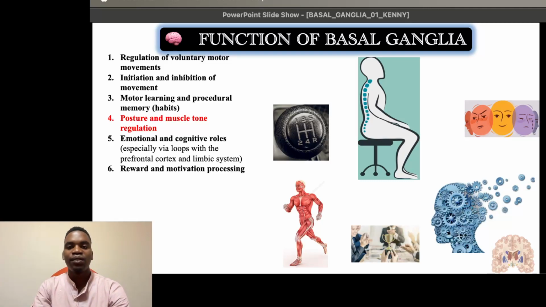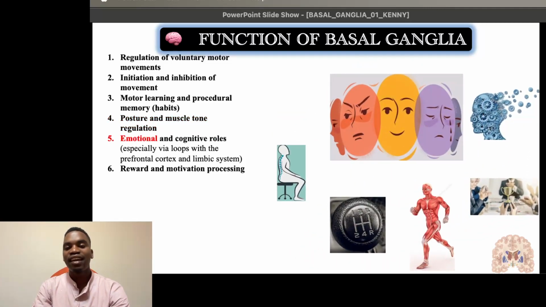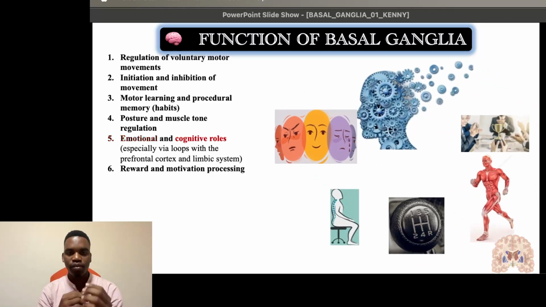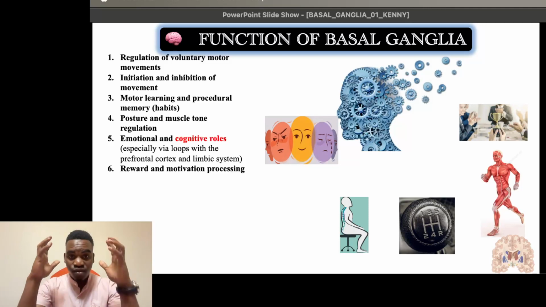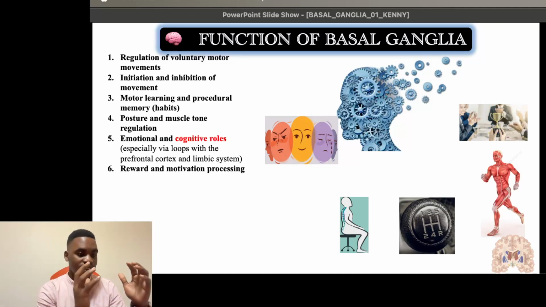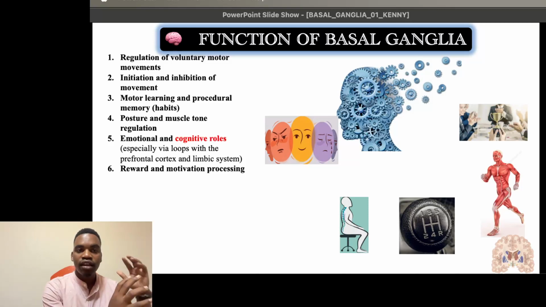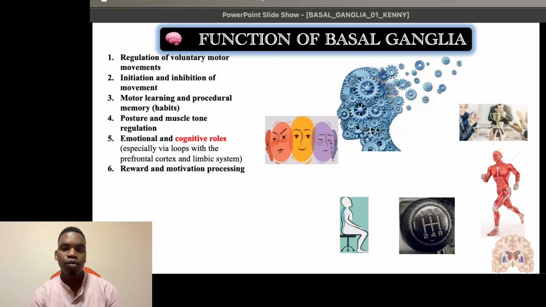Also emotions. Even though we know that a big part of emotion is done by the limbic system, we have some contribution from the basal ganglia. Cognitive roles, we know, are a function of the forebrain, the frontal cortex, but we also have some contribution from part of the basal ganglia.